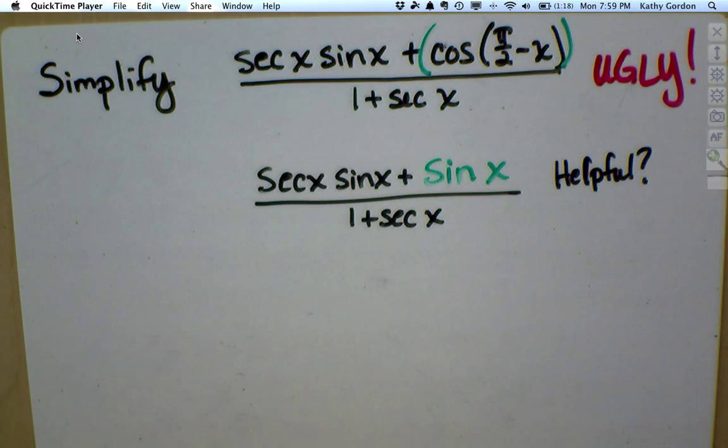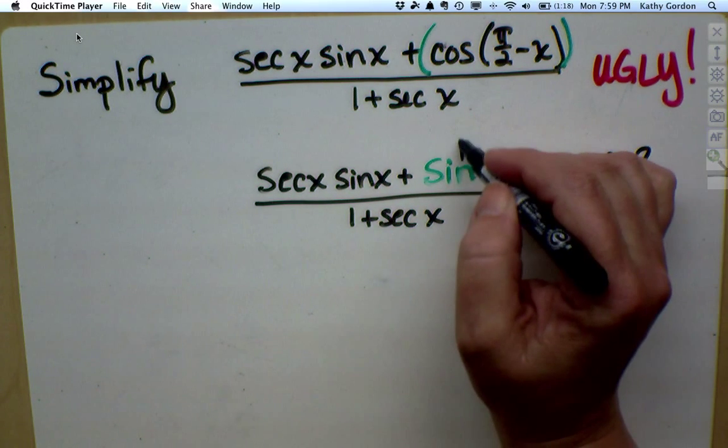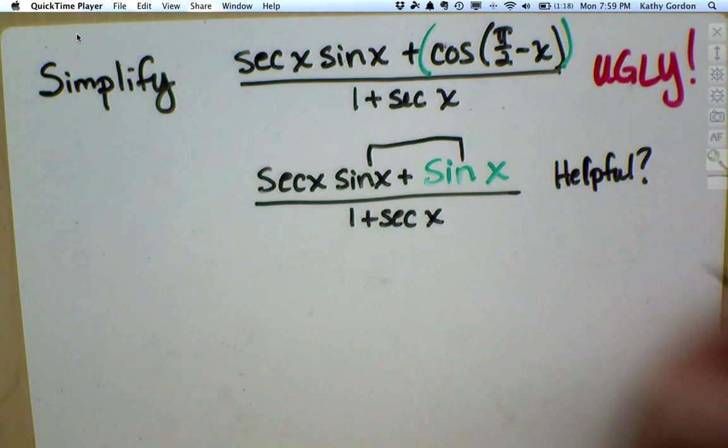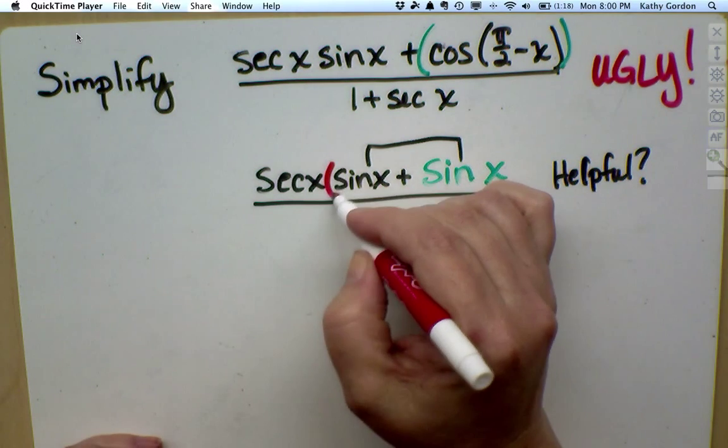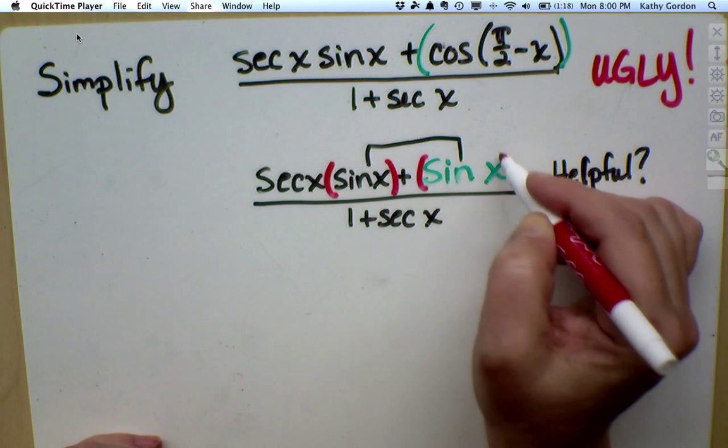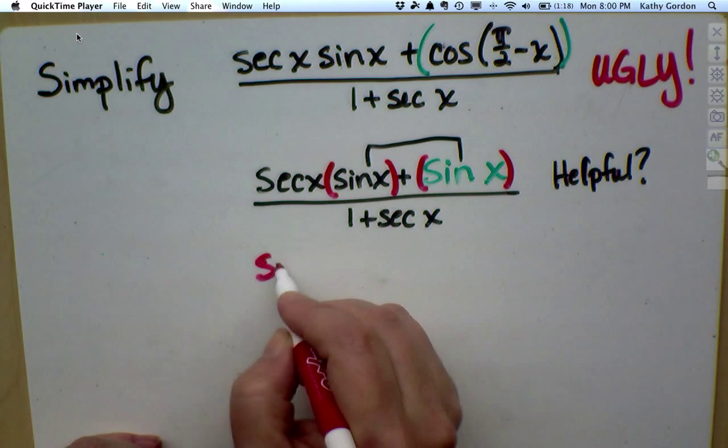I hope you're saying yes, because now I have common factors. In the numerator, in just the numerator, my two terms have a common factor of sine x. So I'm going to take that common factor of sine x, and I'm going to factor that out.